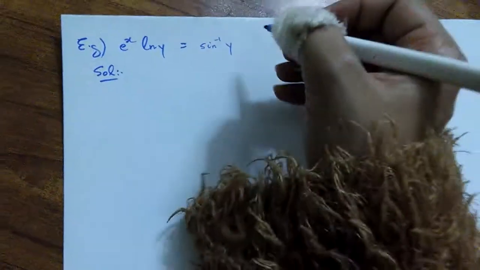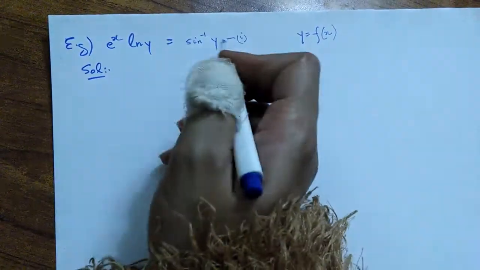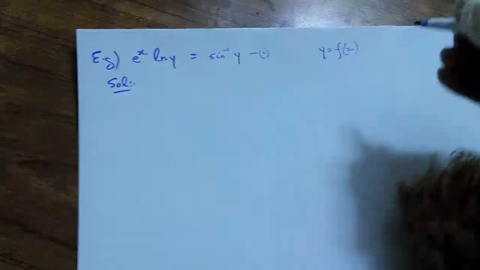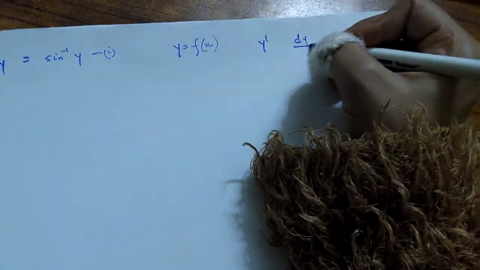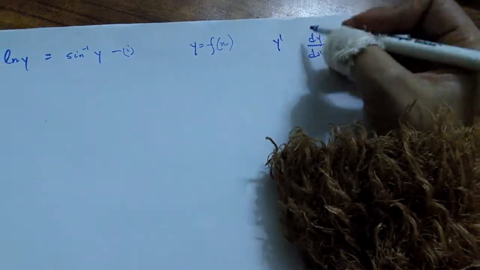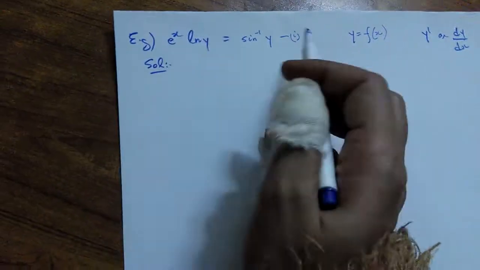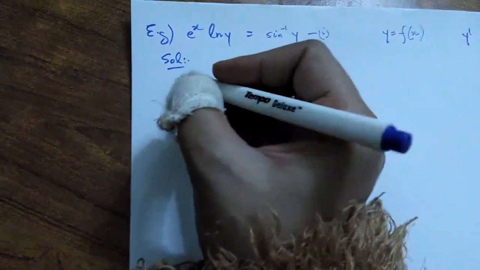So what you do, you just call it equation 1 for your convenience, and you just differentiate both sides with respect to your x. My objective is to find my y dash, or my dy by dx. There are several representations, so that's what I have to find out. So I'm going to differentiate both sides with respect to my x.